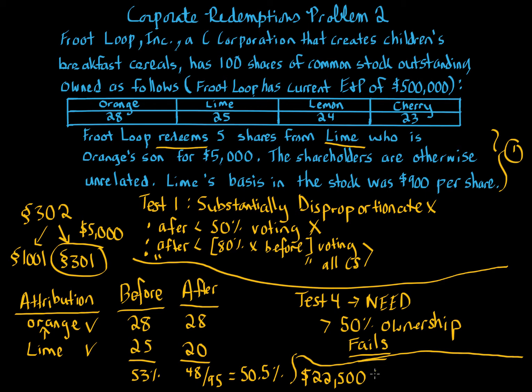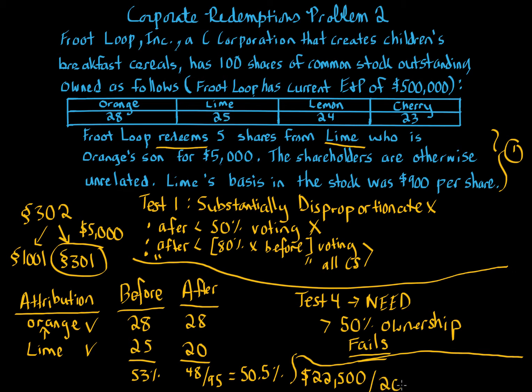But now, Lime only has 20 shares. Yes, we have attribution of Orange, but when we do the basis calculation, we only focus on direct ownership. So Lime has 5 shares redeemed, so Lime now has 20 shares.